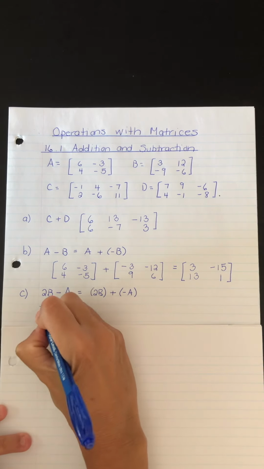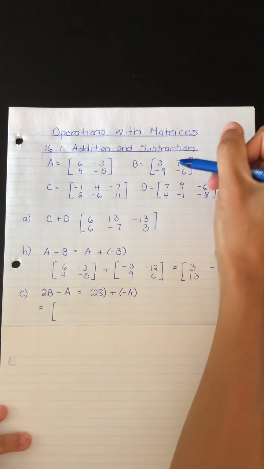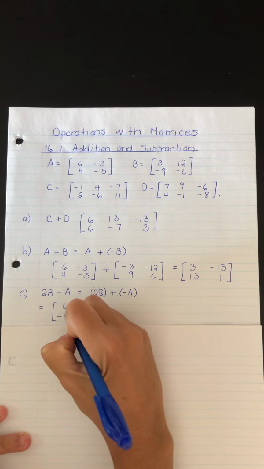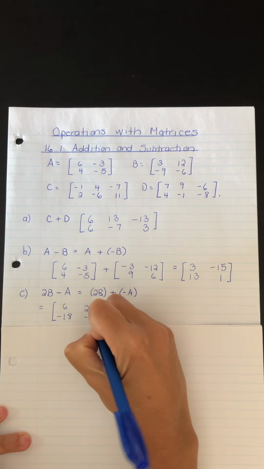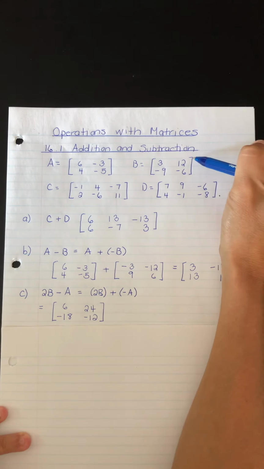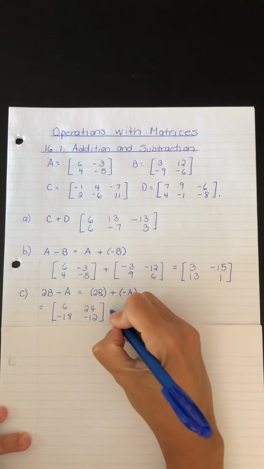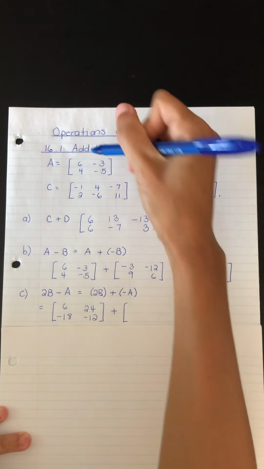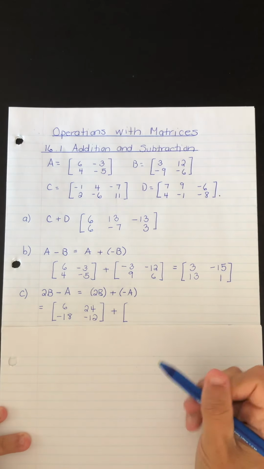This is formed by simply doubling all of the elements in B. So here's B, we double each element. Okay, so each element here is multiplied by 2. We now have the addition of -A, which is formed again by changing the sign on each element.